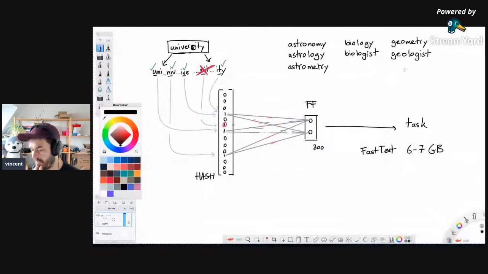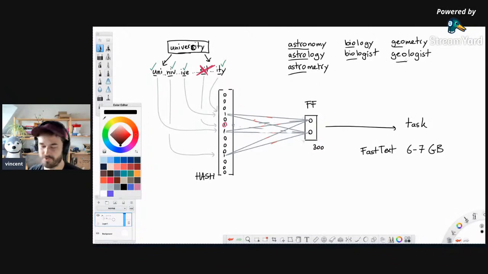So if we have a look at all of these words here, you could argue that the definition of the word can be inferred. You could split all of these words up and then understand where they come from. So astro, that has to do with the stars in the sky, etc. Bio has to do with life science.